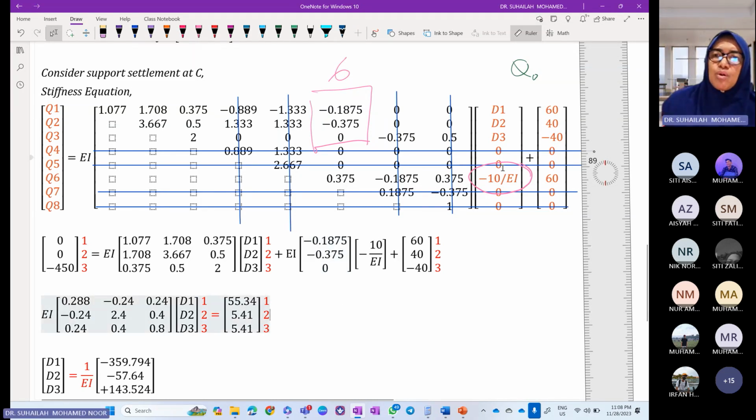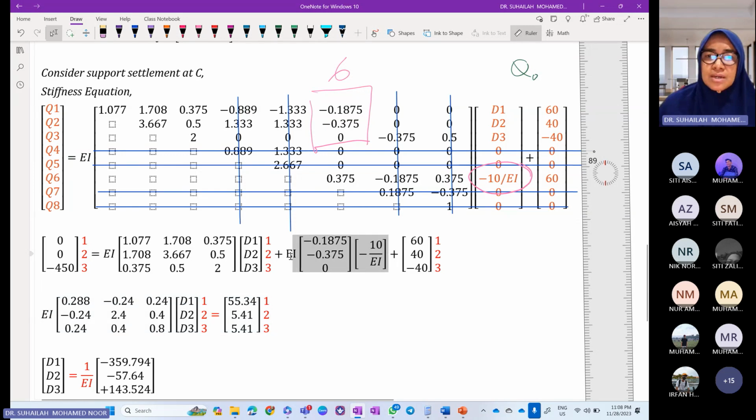Okay, kali dengan 10 over EI. 10 over EI. Okay, nampak tak? So that is the process. Tapi tak payah tunjuk. Yang semua ni tak payah tunjuk, you kena imagine. So yang the one that you need is at position 6 only, because 6 you nak kali dengan D6. Okay? So yang ni is additional lah.